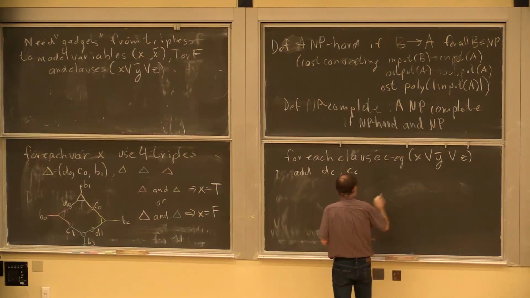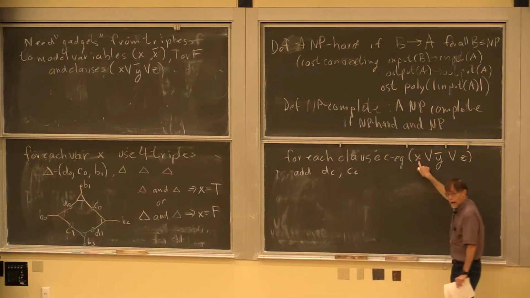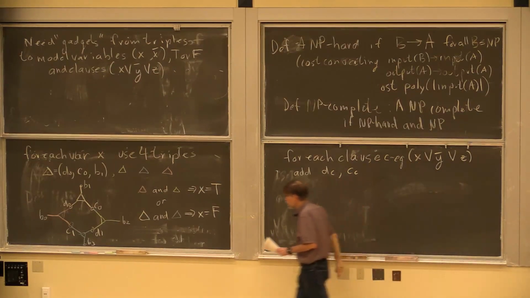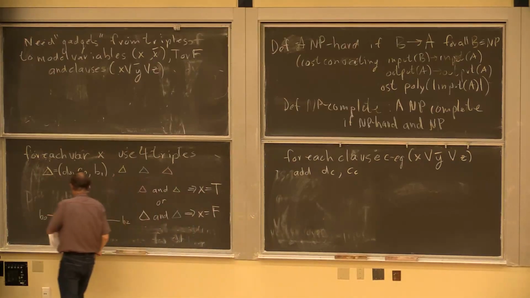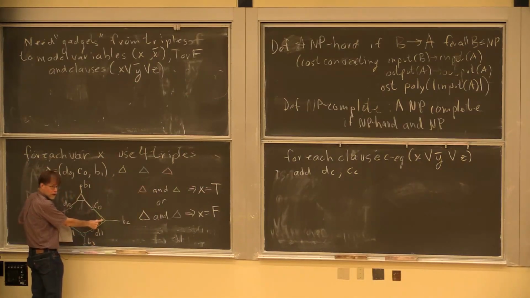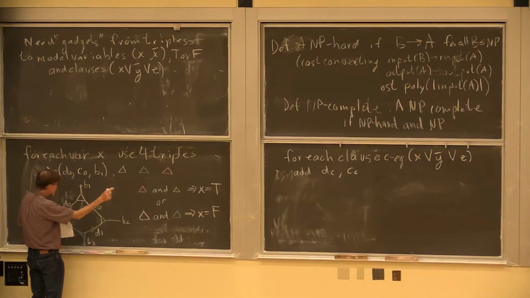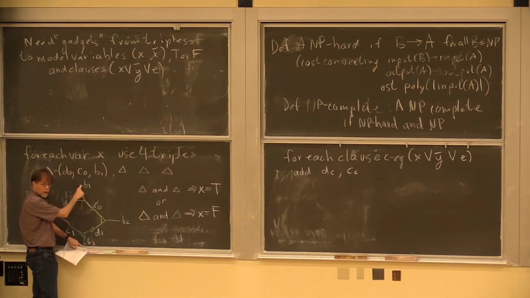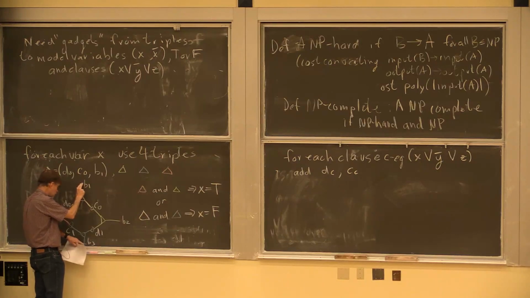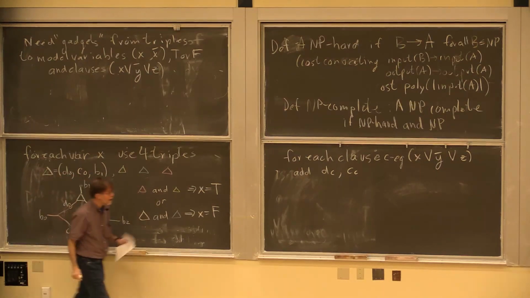And so how do I make this true? I could pick x to be true. And so how do I make x true? I want to somehow force myself to choose these 2. And so what I'm going to do then is connect DC and CC to either B1 or B3. So the only way to match DC and CC will be to either pick this one or pick that one, forcing me to pick the red and the green, which makes x true.